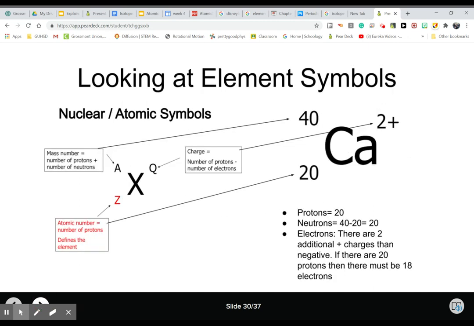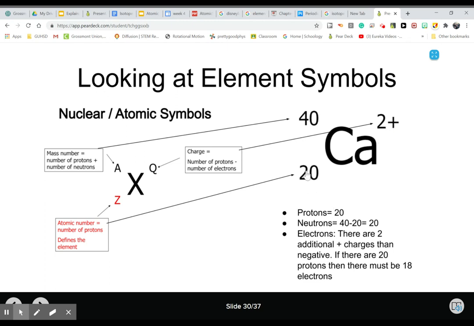So let's look at our symbols and how we're going to answer our questions on our practice problems. In this case, we have element symbols, and here you have your symbol, you have your charge here, this is your mass number. Mass number is protons plus neutrons. And here you have your atomic number, and that's what you get from the periodic table. Looking at this example, we have an atomic number of 20, a mass number of 40, and a charge of +2.